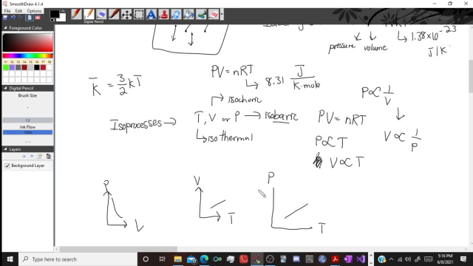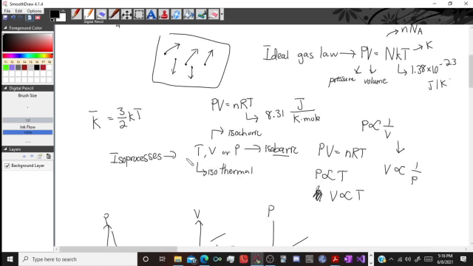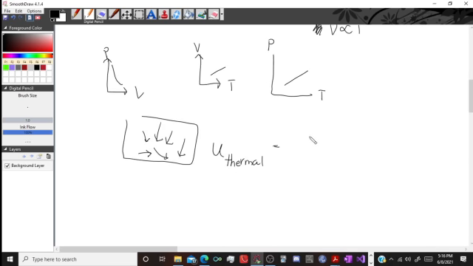In other words, the sum of the individual kinetic energies, and that would simply be equal to N times 3/2 kT, where N is just the total number of particles.